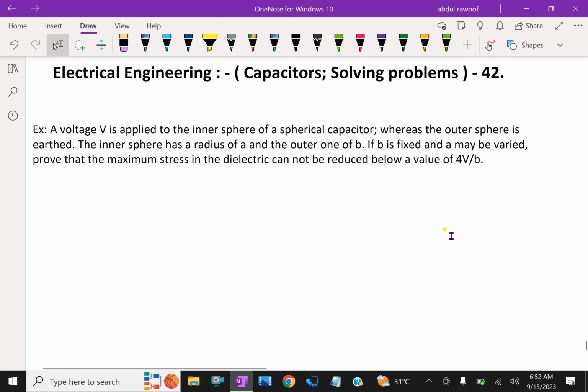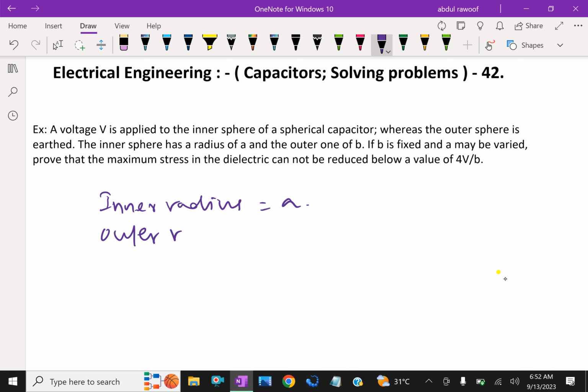Here, the spherical capacitor has an inner and an outer sphere. Inner sphere radius is A, outer sphere radius is B. Here, the outer is earthed, the inner is varied.